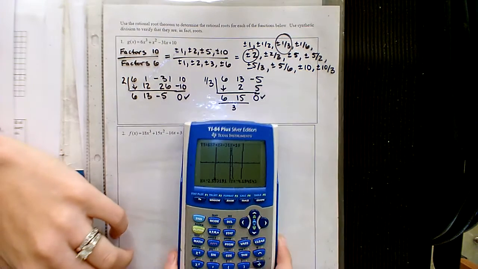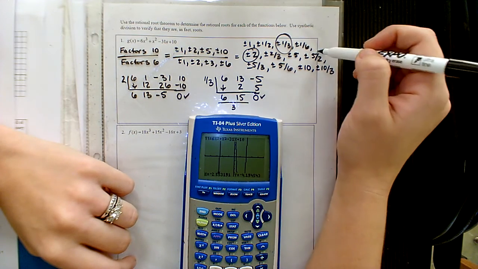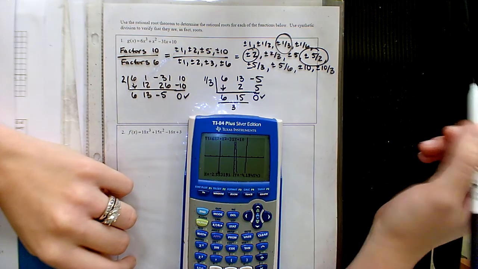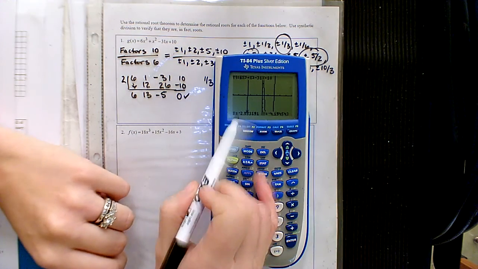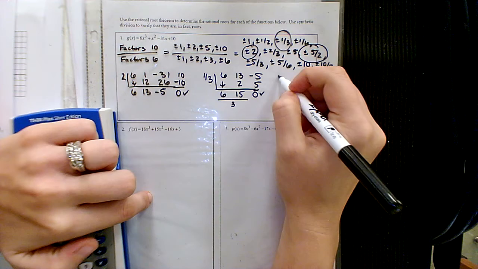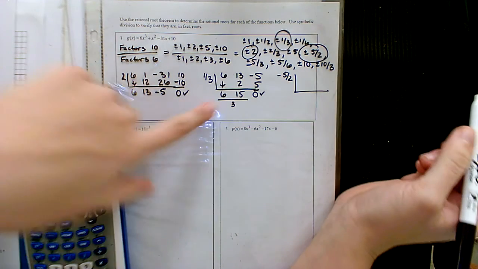Can we circle it on our list? 5's half. Okay, so that's 2.5. 2.5 as a fraction. And notice how this one's negative. So we will use -5/2 as our outside number.